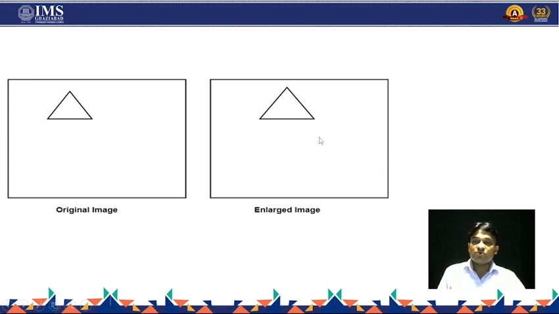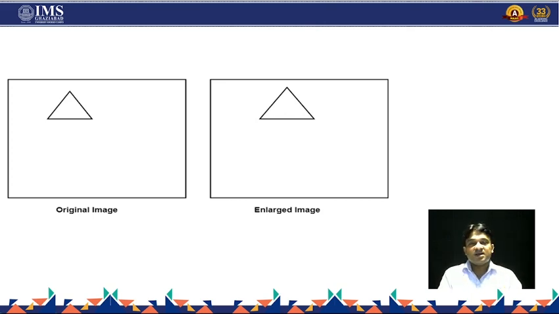So this is the basic difference between translation and scaling. Both come under the umbrella of transformation, but translation means a change in the position of an object, and scaling means a change in the size of an object, either reducing or enlarging it.